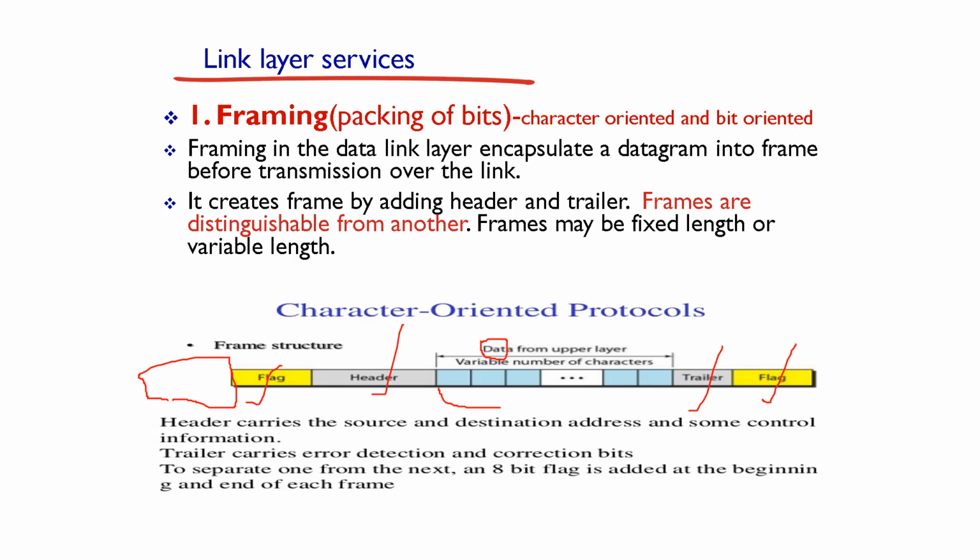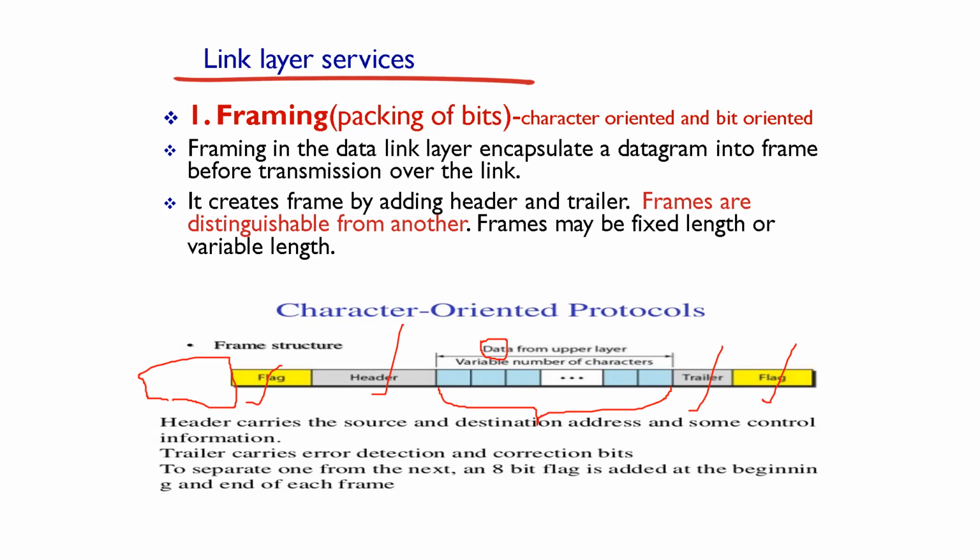The portion up to here is the variable length data, or the packets, and the header includes the source and destination address. We will study in detail what this header information is.